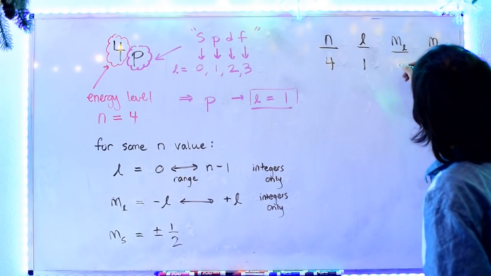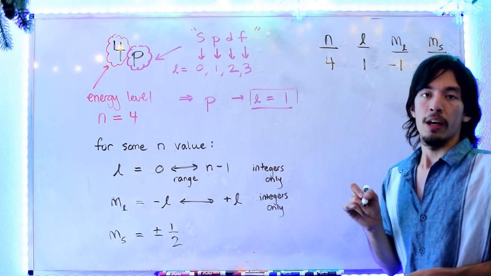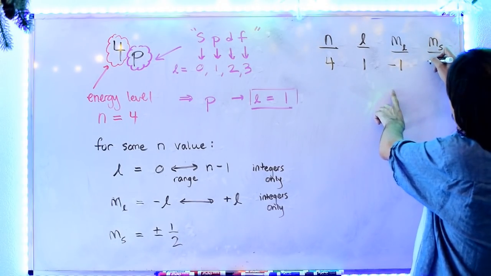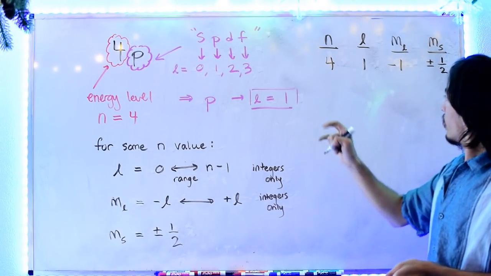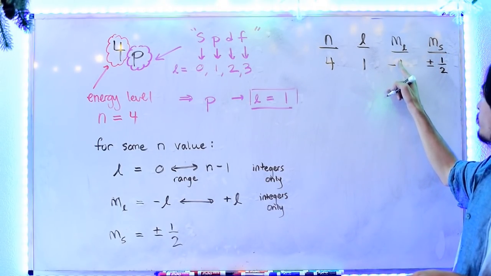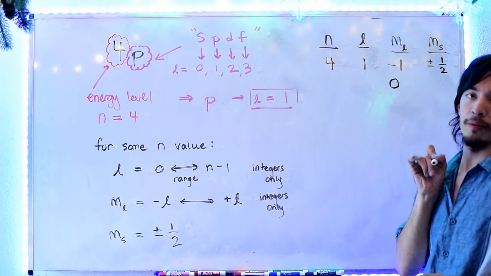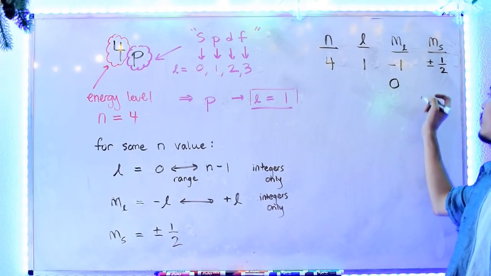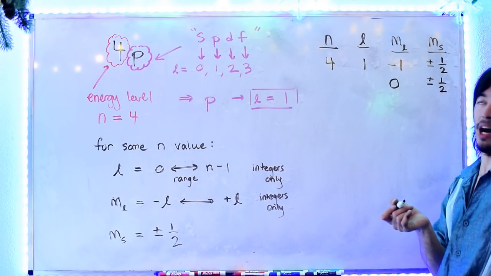So for instance, m sub L being negative 1, I can have spin up or spin down, which is plus or minus a half. Now, I'm done with negative 1, so I go to the next combination, which is 0. For m sub L equal to 0, I can also have spin up, spin down, or plus or minus a half.